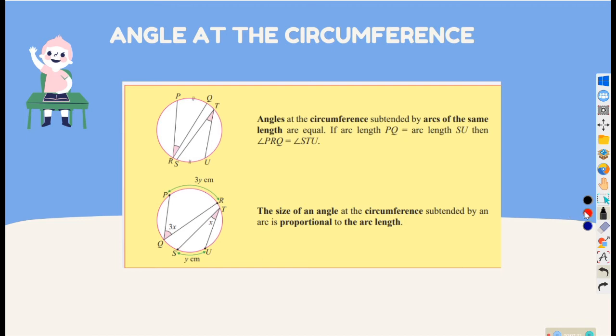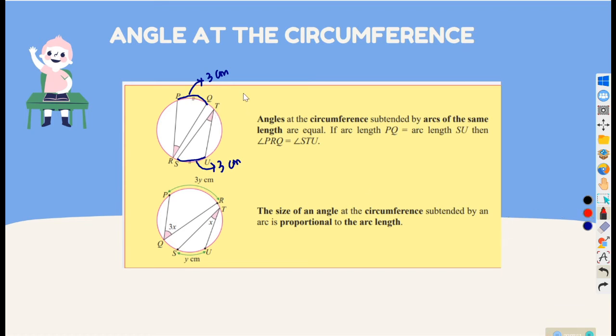Let's say this PQ here is 3 cm, and SU is also 3 cm, which means that the angles are also the same.